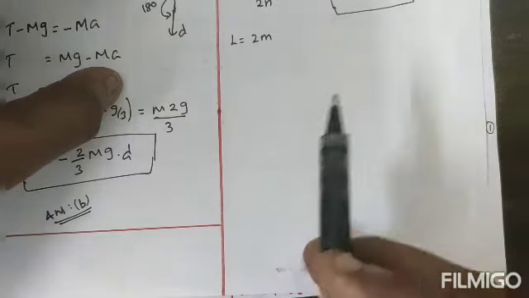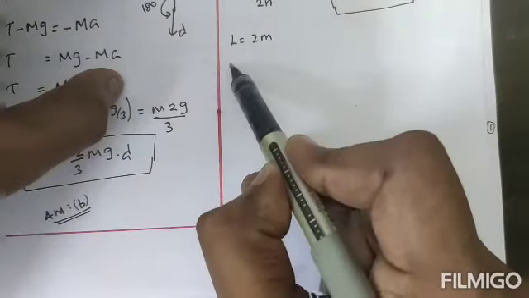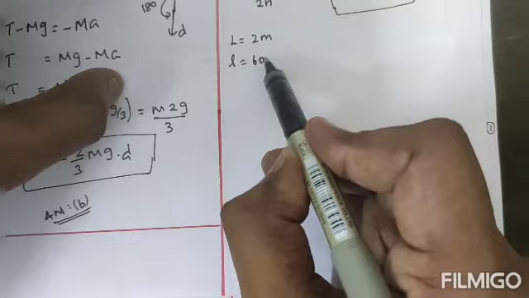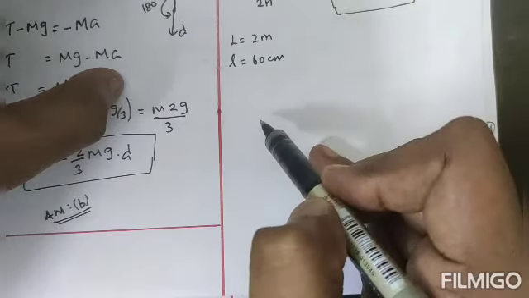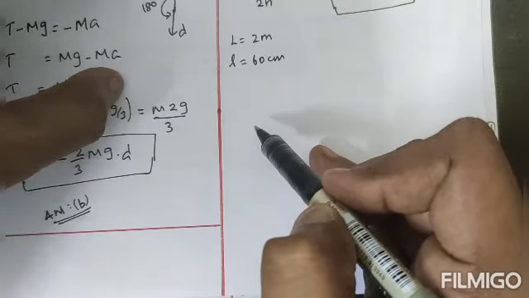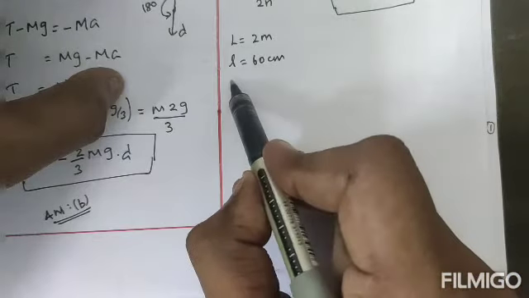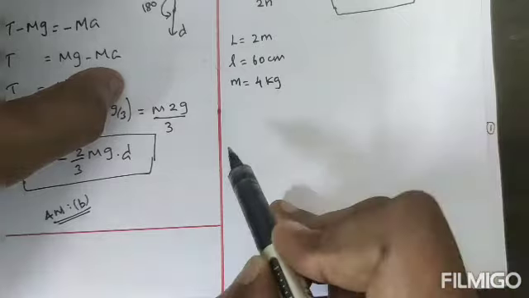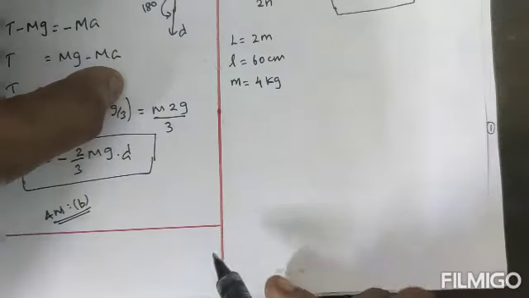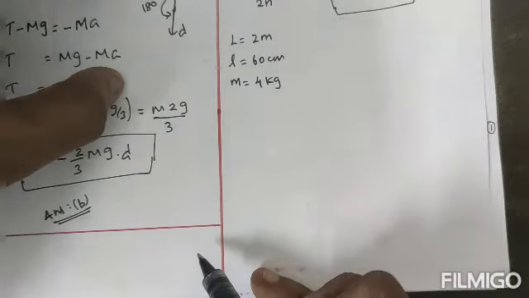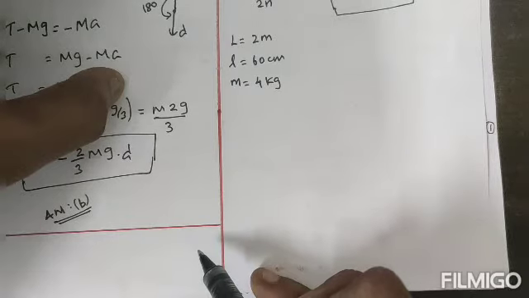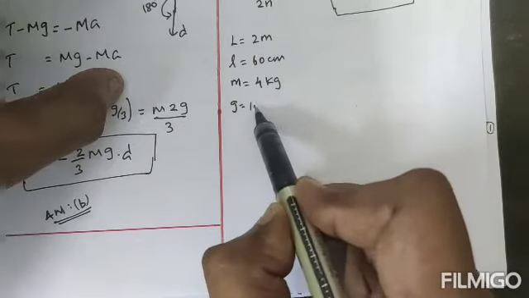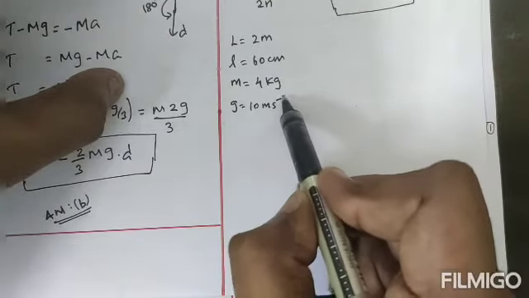So the hanging part length, small l, is given as 60 centimeter. The total mass of the chain, m, is given as 4 kilogram. What is the work done in pulling the entire chain onto the table? G value is taken as 10 meter per second squared.